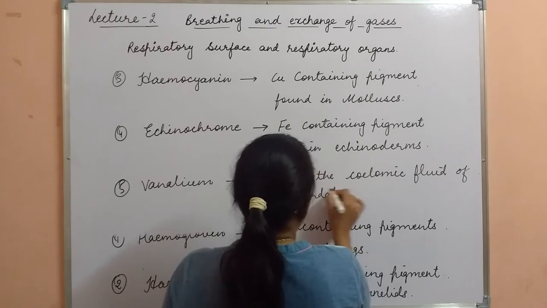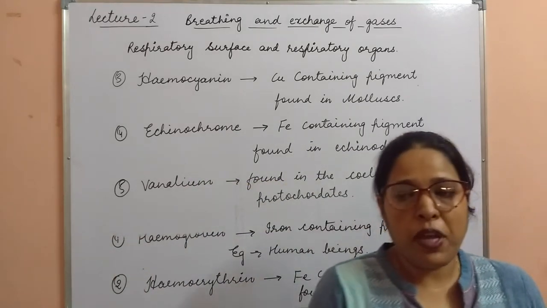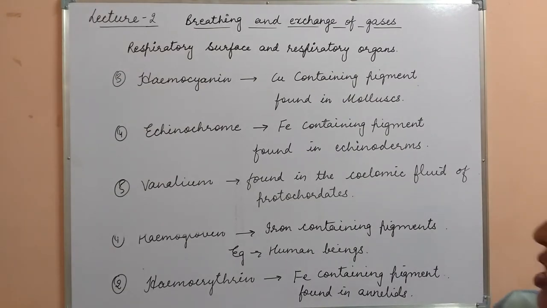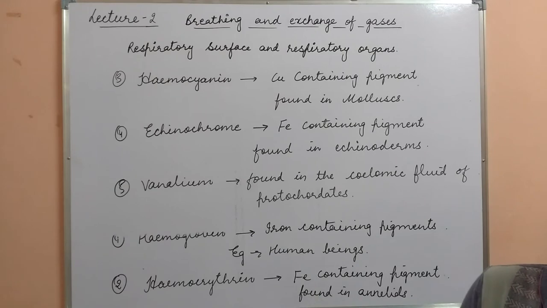Clear? So these are the different types of respiratory pigments which are found in different organisms, and these pigments are helpful in the exchange of gases.